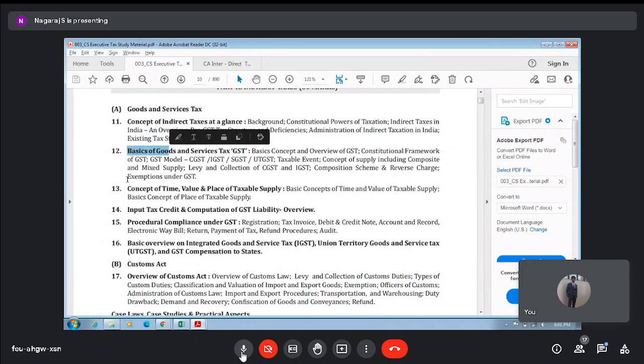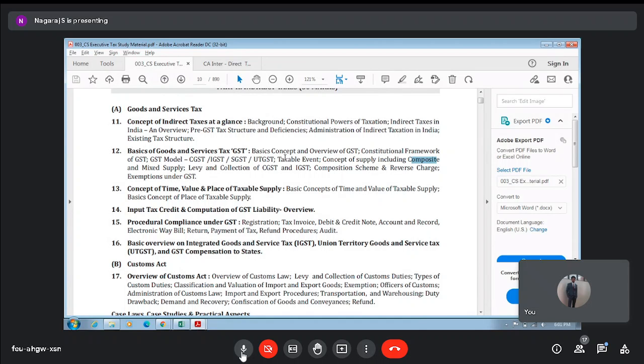In this, exemption is the one biggest one, composition scheme second one, reverse charge third one, composite supply fourth one, and the other basics. In each chapter they have included minimum 5 to 6 chapters. That means if you take it separately, almost 15 to 18 chapters are there in GST.